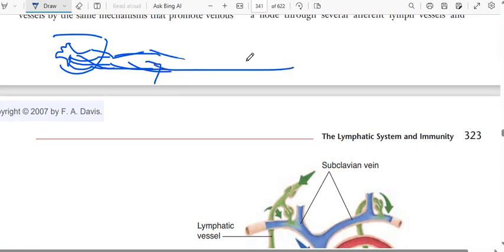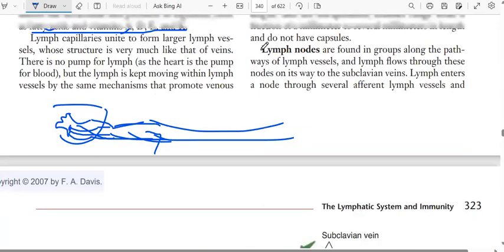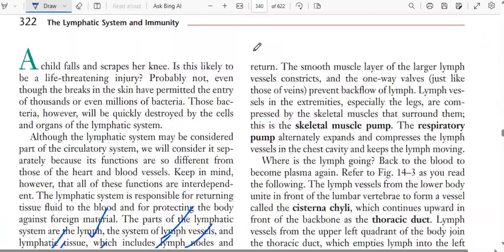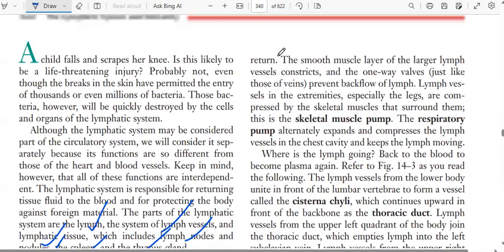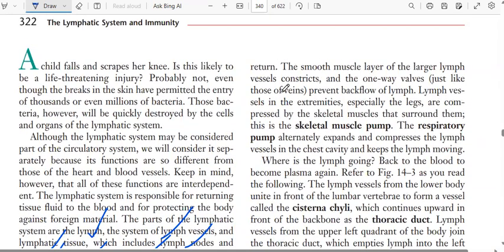Then they will travel. They don't have any organ which will return the tissue fluid from that area to the blood. They travel by themselves only, with other helpers, like the smooth muscle layer of the large lymph vessel constricts, and the one-way valves, just like those of veins, prevent backflow of lymph.